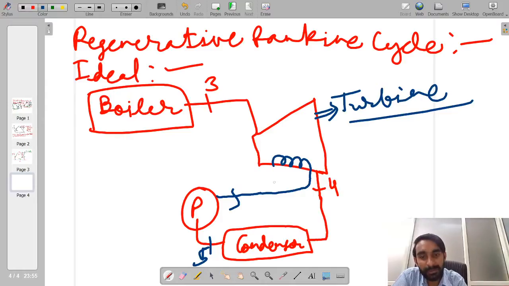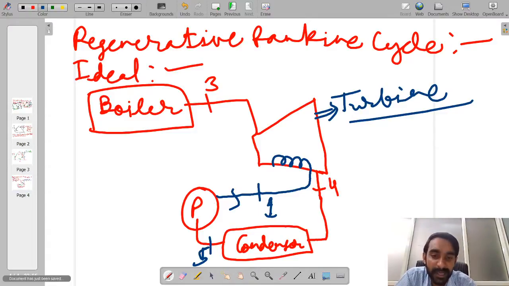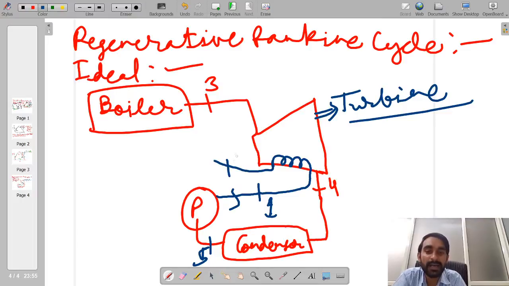If it enters the casing at saturated liquid state, as its temperature is low in comparison to the temperature of the vapor expanding inside the turbine, the water we are passing will gain a certain amount of heat and its temperature will rise.